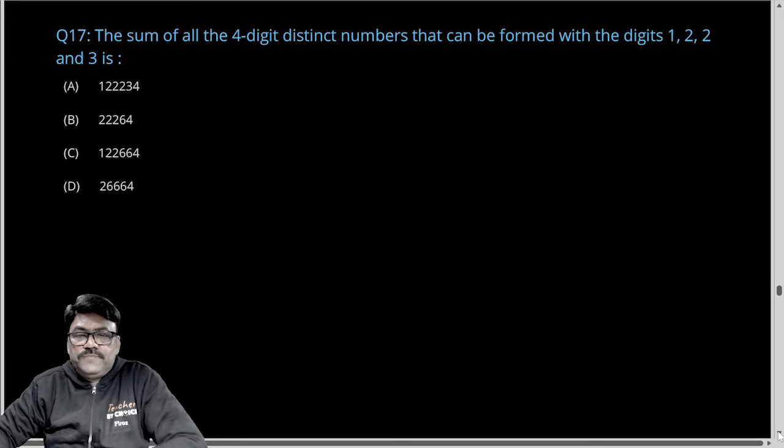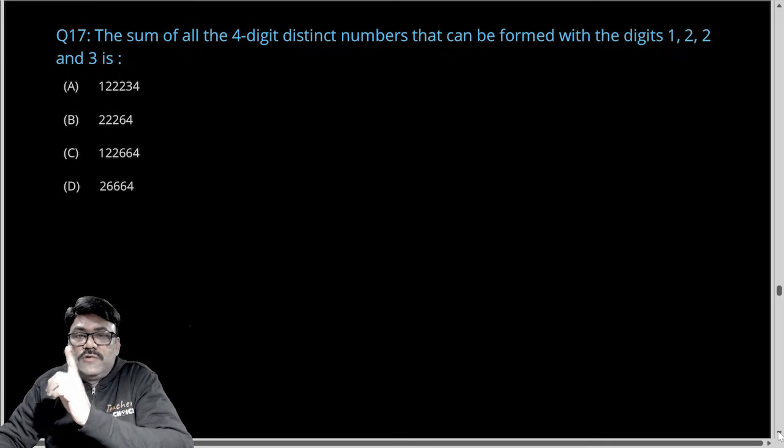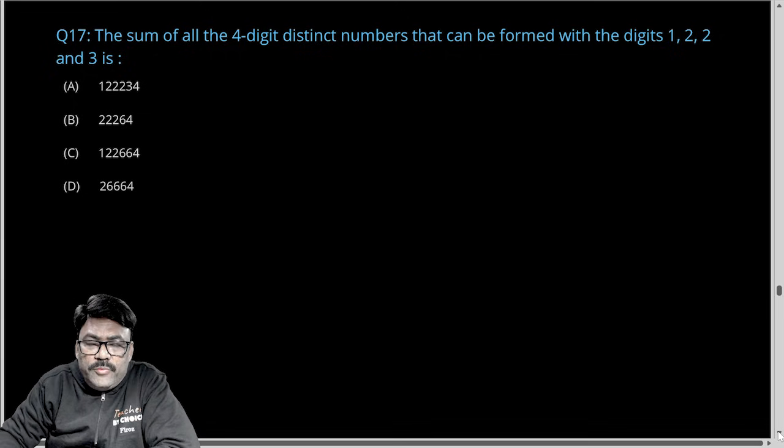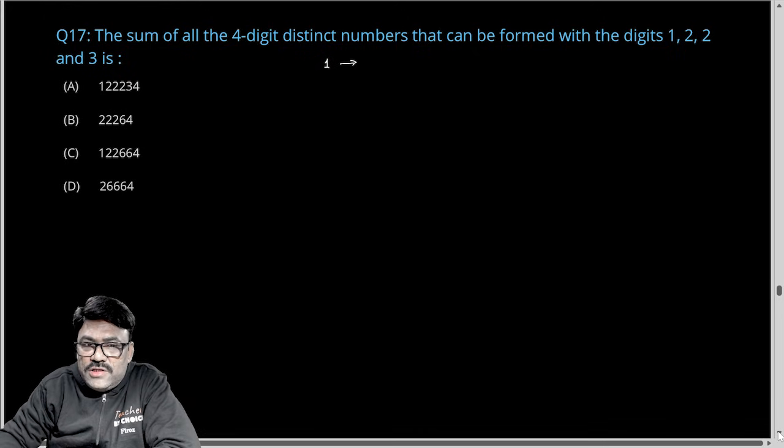So just check what will be the sum of digits at the unit place. Check how many times 1 occurs at the unit place. If I fix 1 at the unit place, the remaining digits 2, 2 and 3 can be arranged in 3 ways.